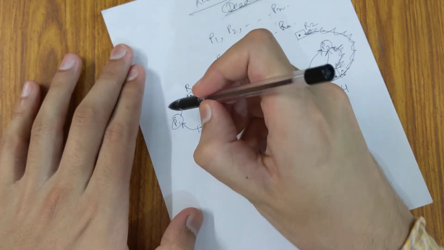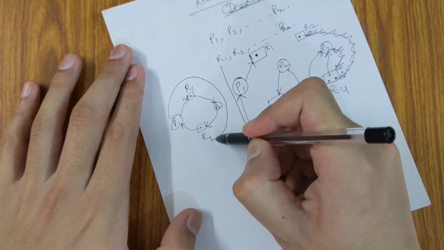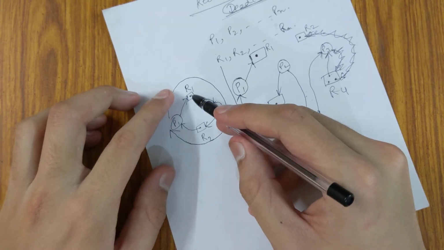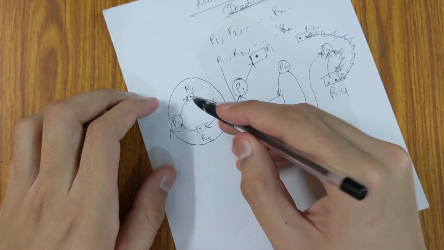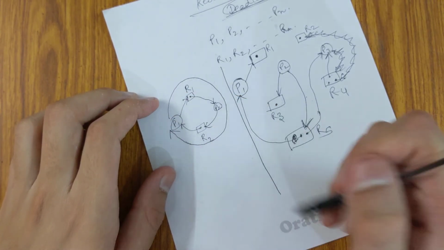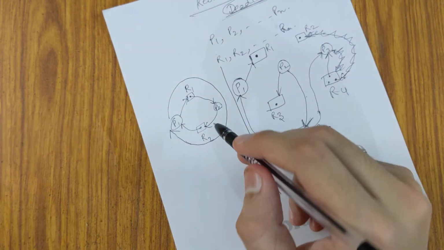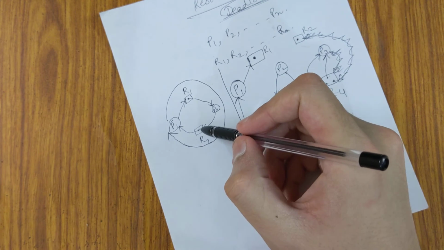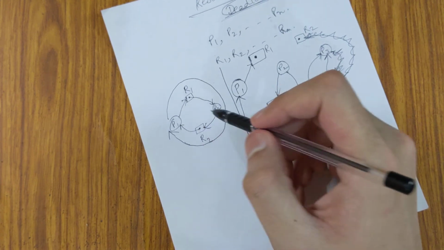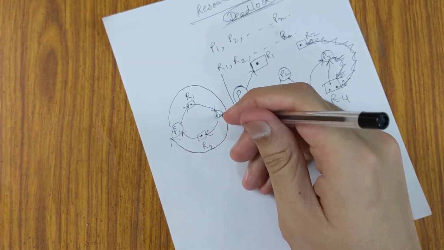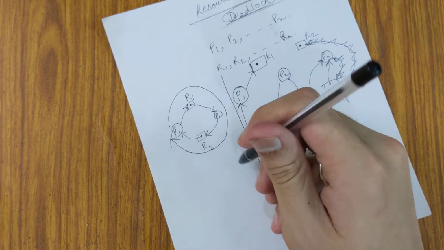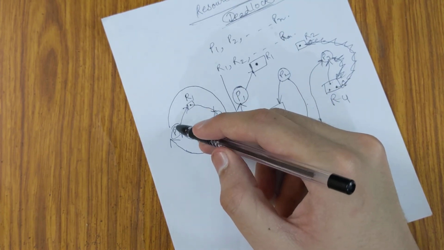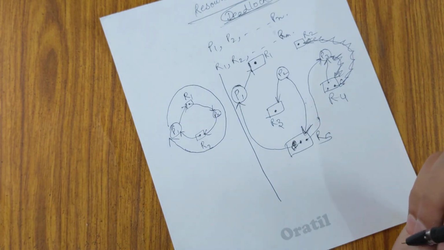So this is a cycle, you can see in the graph, and in this cycle each of the resources present has exactly one instance. These both have one instance, so they don't have two instances such that one instance of R2 is allocated to P1 and the other can be given to P2 so that it can proceed and eventually it can release R1 which can be used by P1, which will break the deadlock eventually.